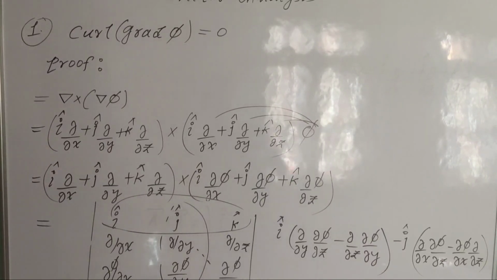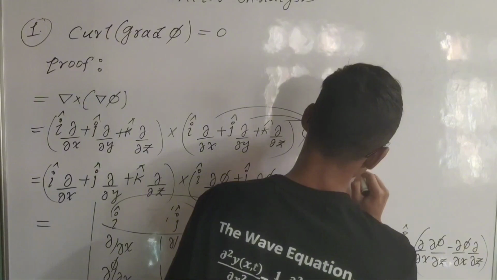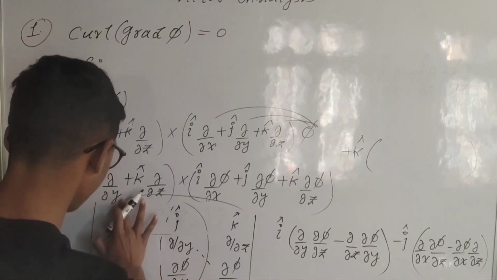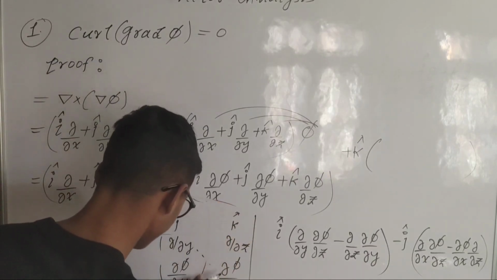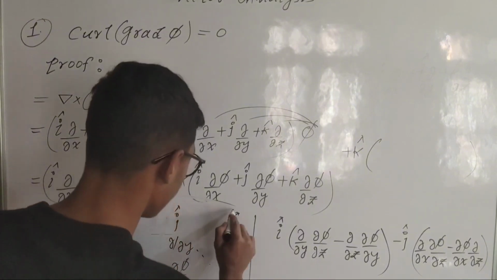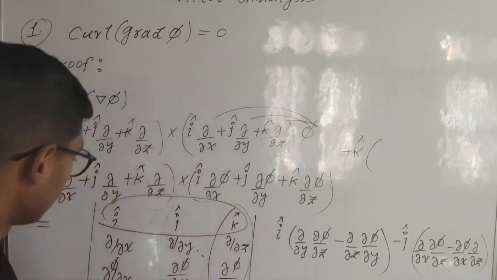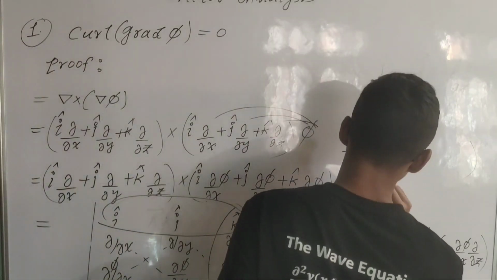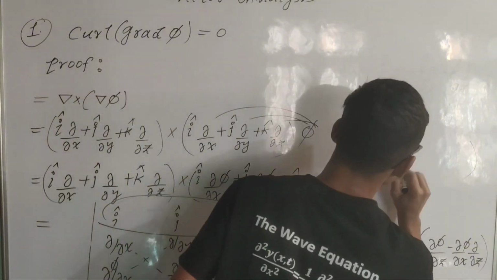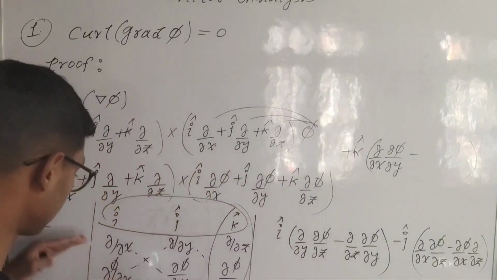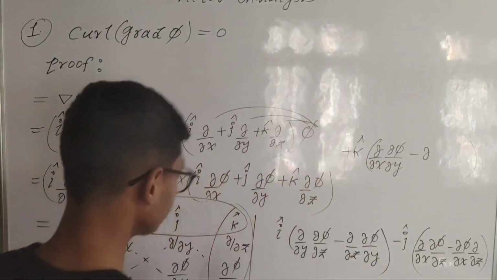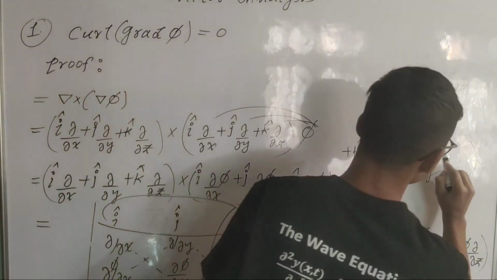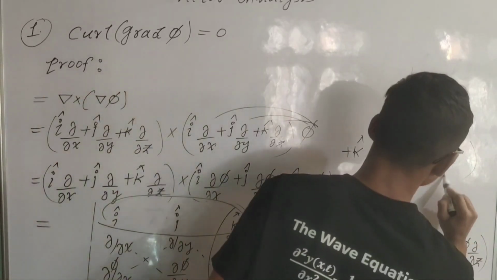And for the k, I will be writing plus k times, hiding this one and this one, and these are the things that remain here: del by del x times del phi by del y, minus del by del y times del phi by del x.